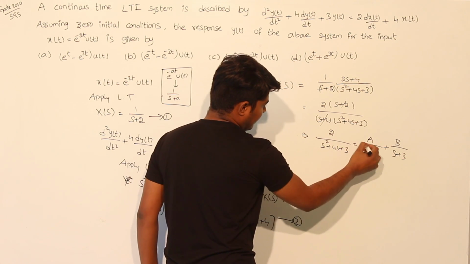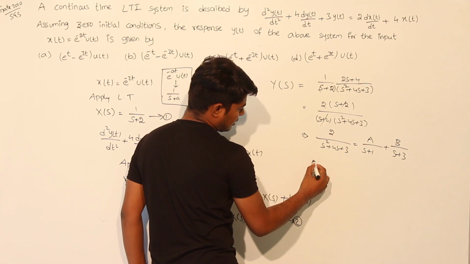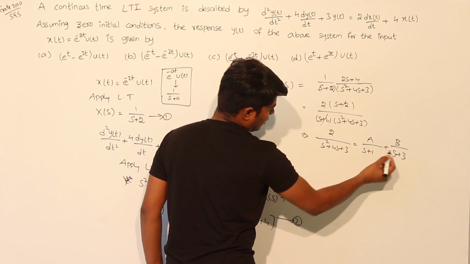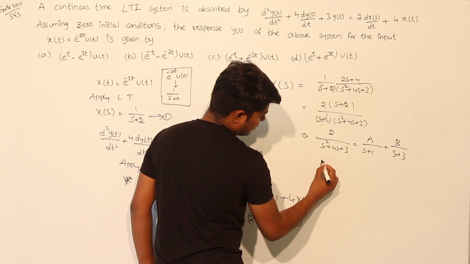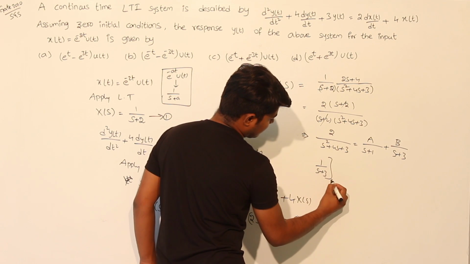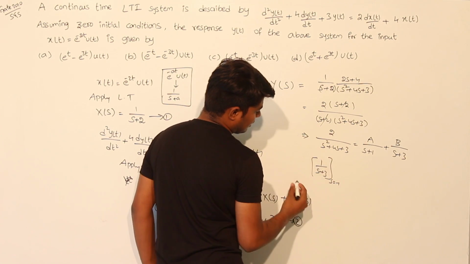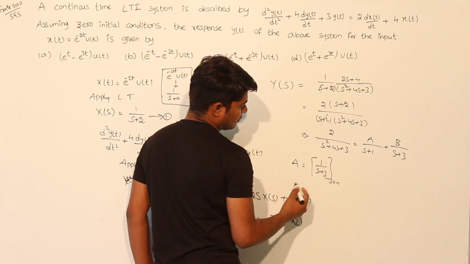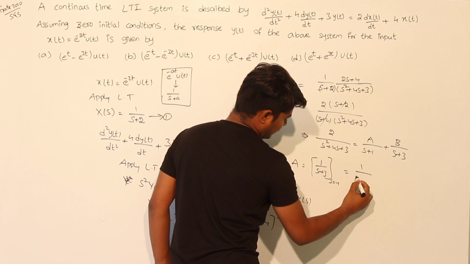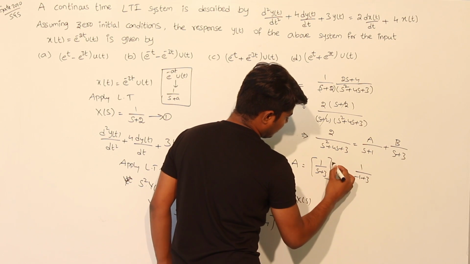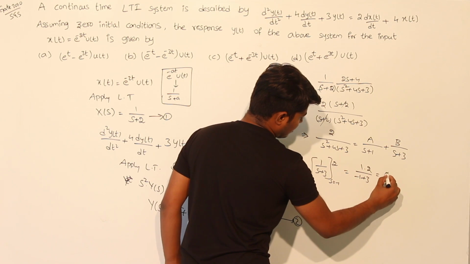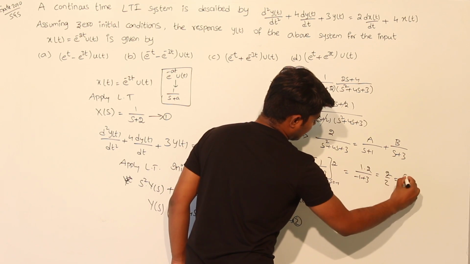Now for getting the value of a, you just cover the b term, 1 by s plus 3, and substitute s equal to minus 1. In this way you can get the a term. We have studied all partial fractions, right? So 1 by minus 1 plus 3, in the numerator 2 will be there. This will be 2 by 2, that will equal 1.